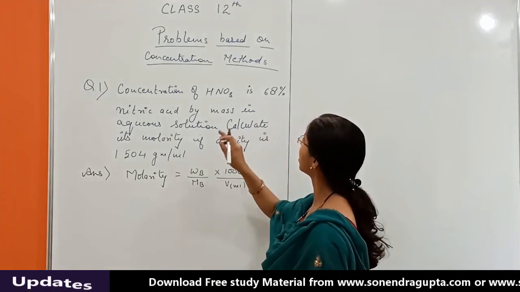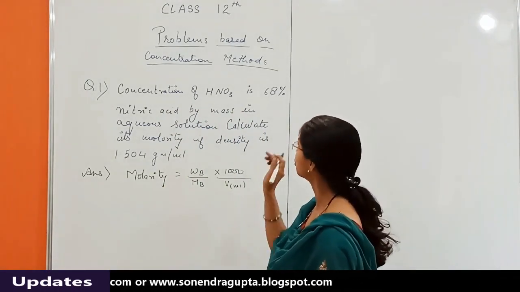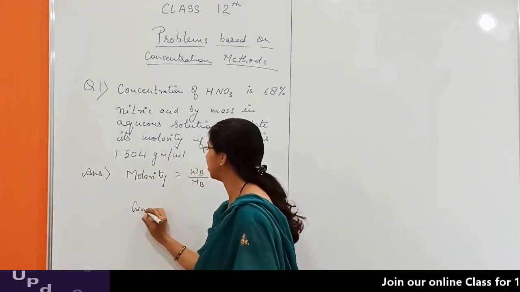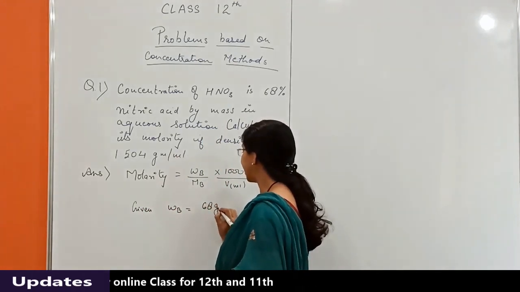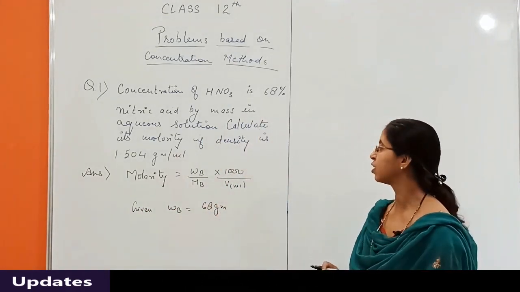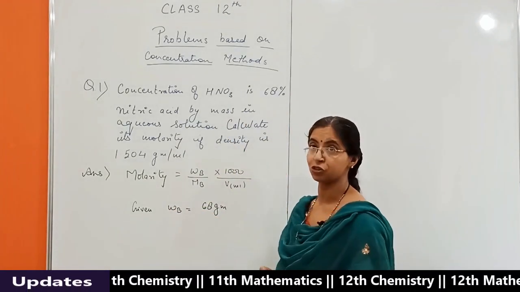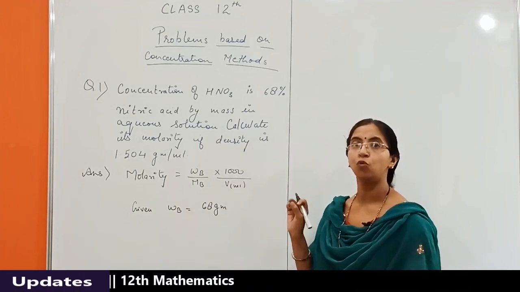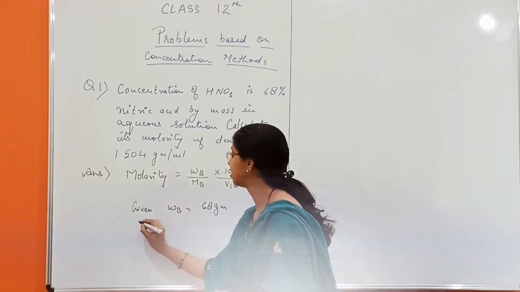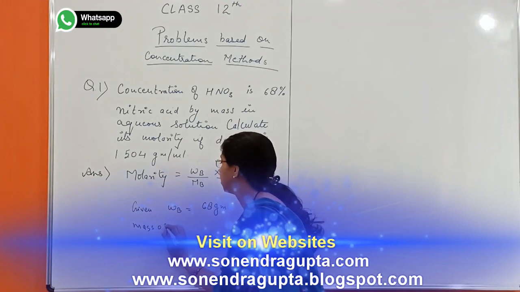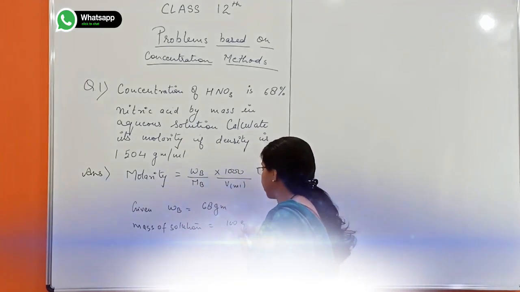Now, in the numerical it is given, it is 68% by mass. So here WB is equal to 68 grams. Now, if it is given 68% in aqueous solution, it means you have water as a solvent and the mass of the solution is 100 grams.